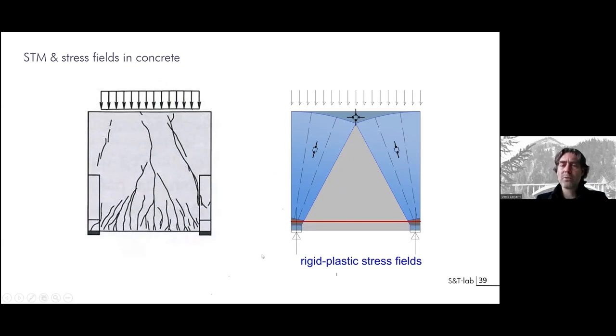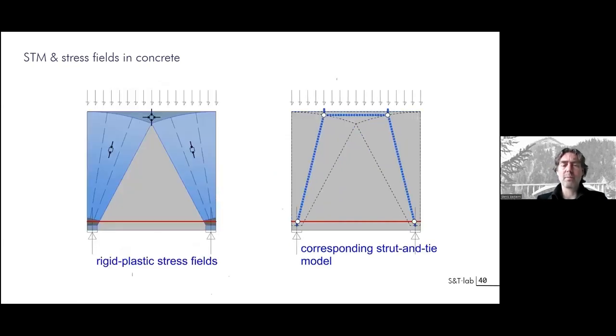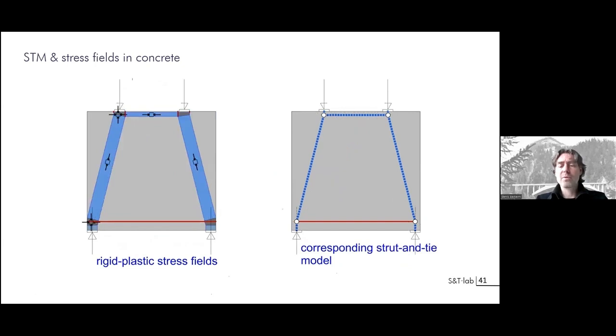And when you have to define what will be the forces that will be met, you will translate this to a classical strut-and-tie model. Of course, this model can be different if there are just punctual forces applied to the system; you will have a prismatic stress field.